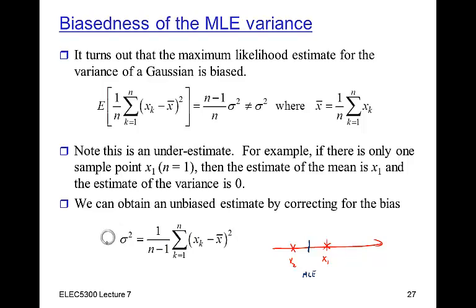And so now this is another possible estimate of the standard deviation. It's not the maximum likelihood estimate, but it is an unbiased estimate. And so that's why sometimes in statistics textbooks you see this equation as being the estimate for the standard deviation of a distribution.